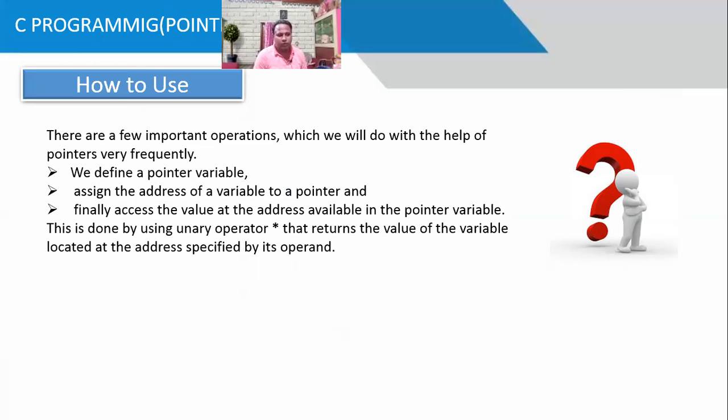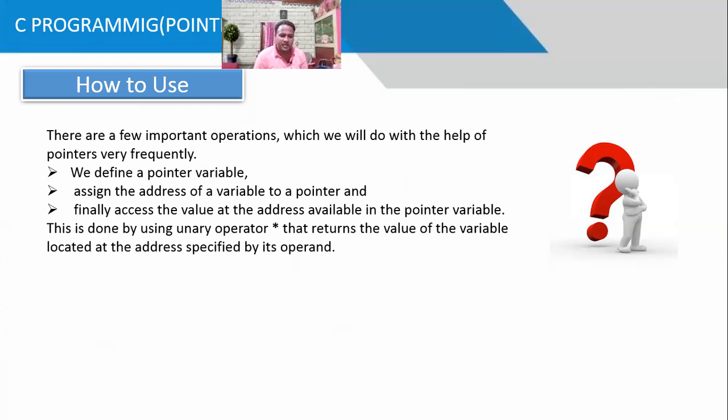There are a few important operations that we will perform very frequently with pointers. First, we define a pointer variable and assign the address of a variable to the pointer. Finally, we access the value at the address available in the pointer variable.